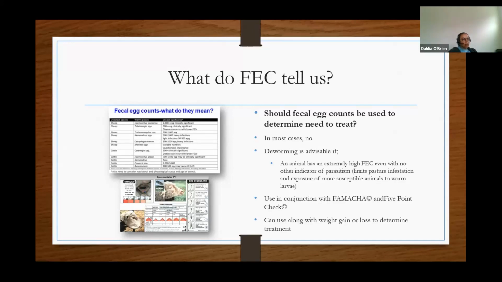As you can see, with Haemonchus contortus, or the barber pole worm, you start seeing clinical signs when you have eggs per gram exceeding 2,000. That's when it becomes clinically significant. But we want to remind you that this will differ by animal. Again, we just talked about resistant and resilient animals.